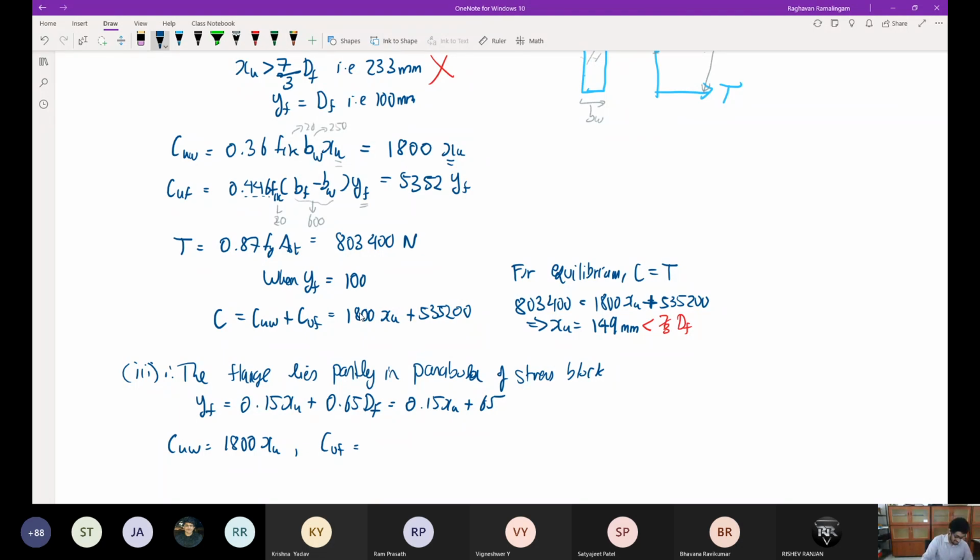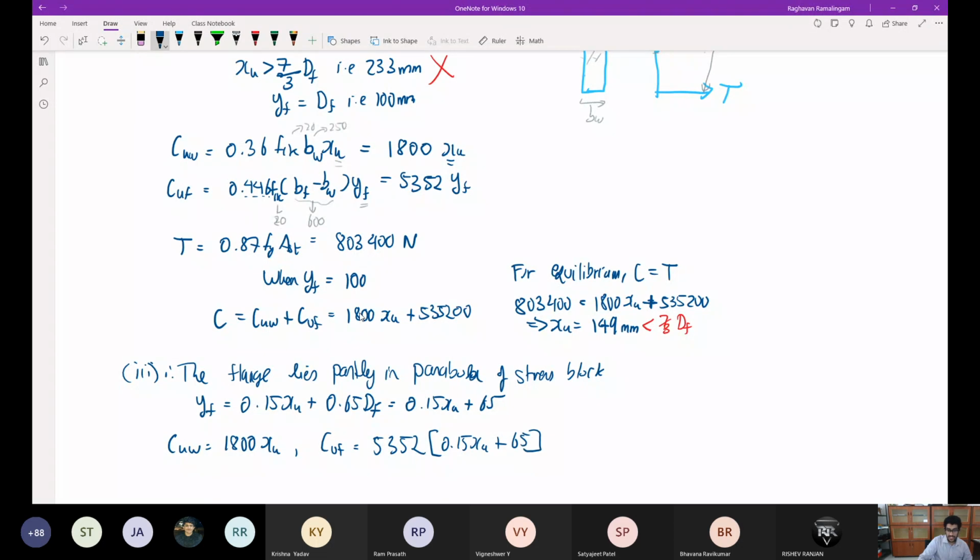It will be something else: 5352 times YF, which is 0.15 XU plus 65.